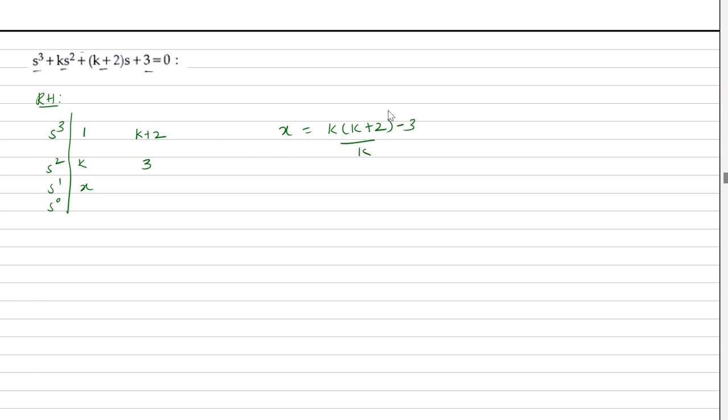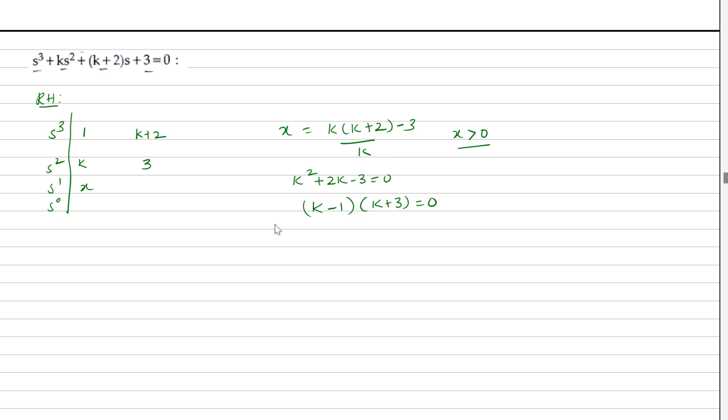For the system to be stable, we know that the x value should be greater than 0. So simplify this: k square plus 2k minus 3 is equal to 0. This can be written as k minus 1 into k plus 3 is equal to 0. From this, what you can predict is the k value.